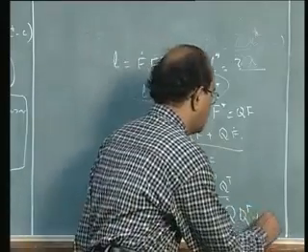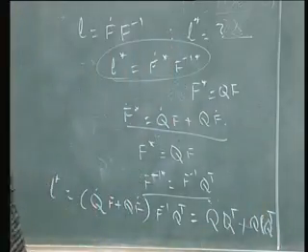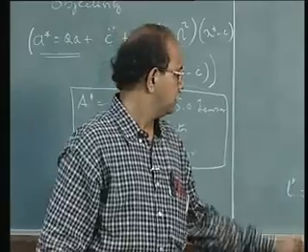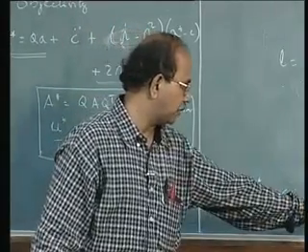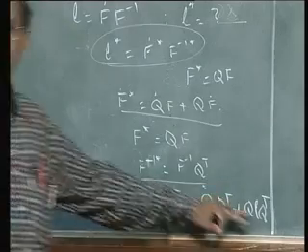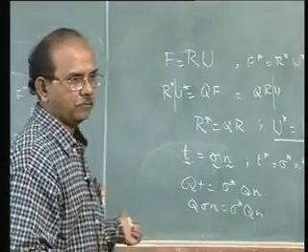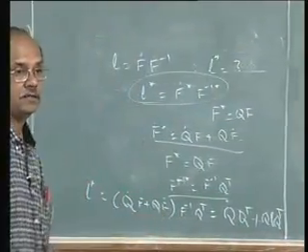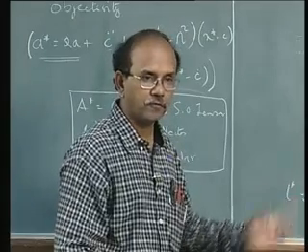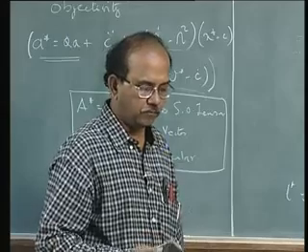Beautiful. So L star is equal to Q dot Q transpose plus Q L Q transpose, which means that these velocity quantities, because it is a velocity quantity, are again not frame indifferent.